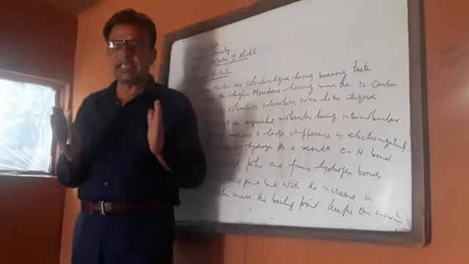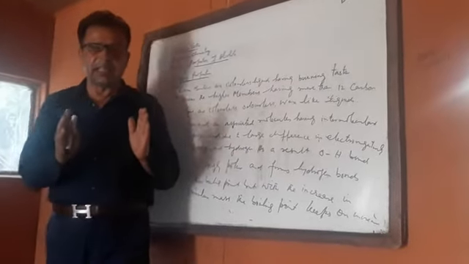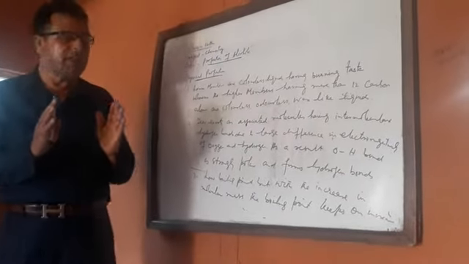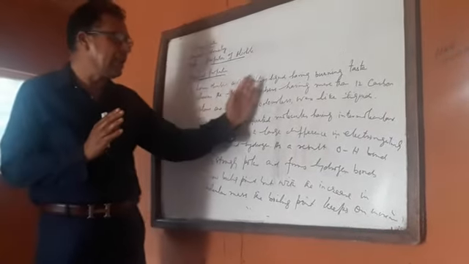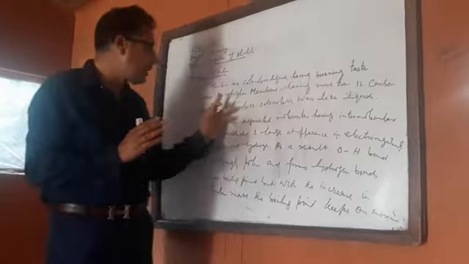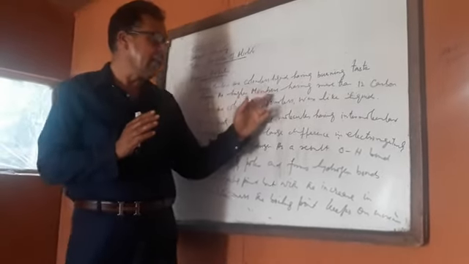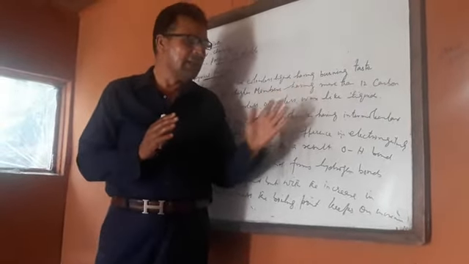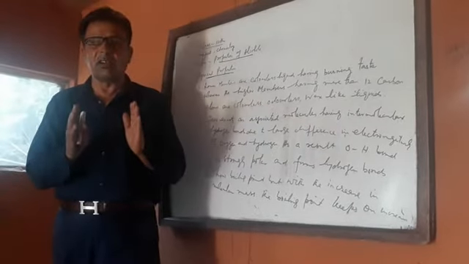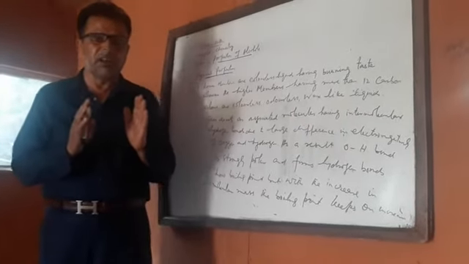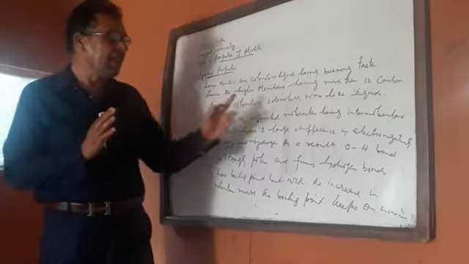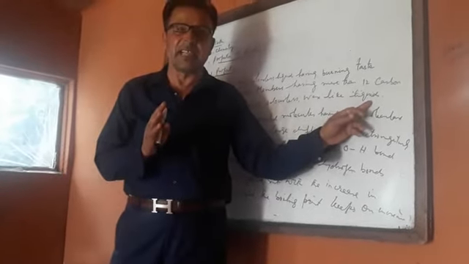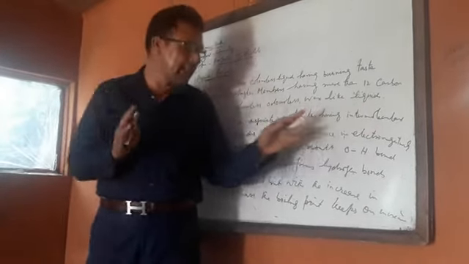So, what is the first property? The first property is that the lower members of the alcohols are colorless liquids having burning taste, whereas the higher members having more than 12 carbon atoms are colorless, odorless, wax-like solids.